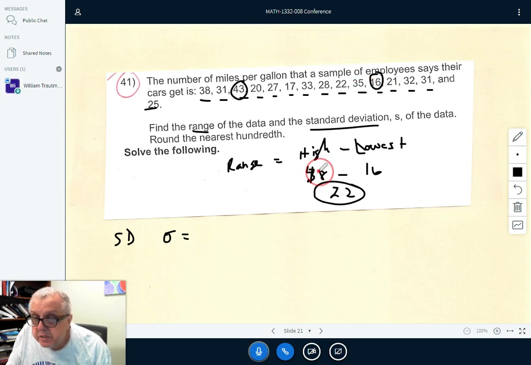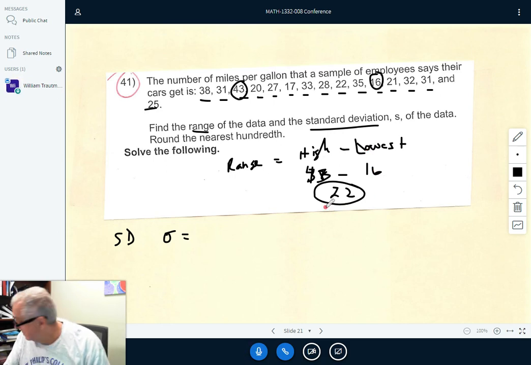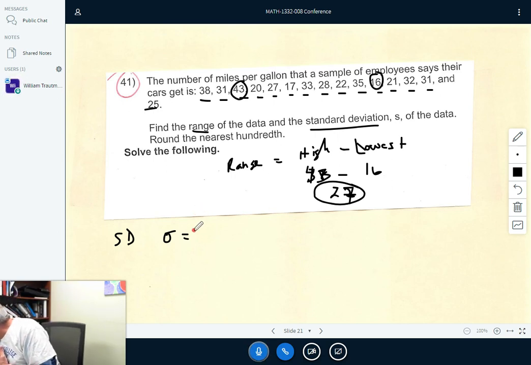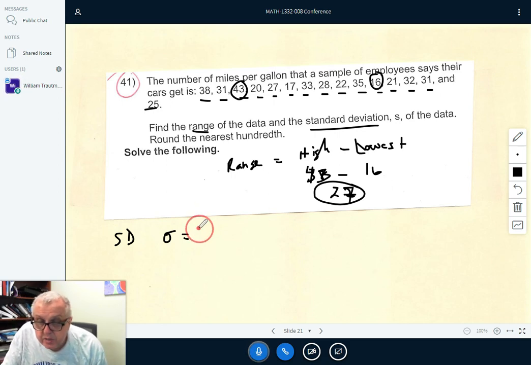So it should be 43 minus 16 on my calculator, which is 27. There we go. Now my standard deviation says 7.82. I didn't get that, so I must have typed in some data wrong. I'm going to go check it really quick.